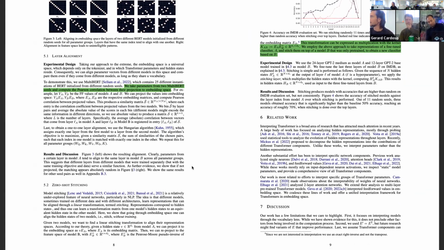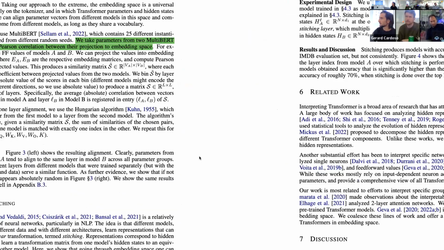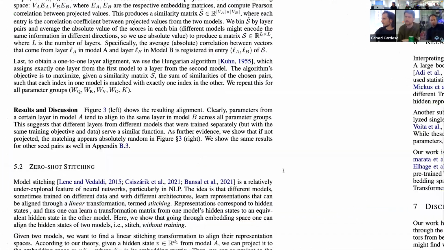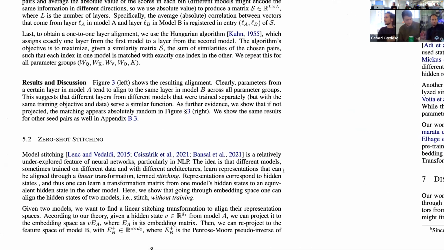The last thing they look at is called stitching. The idea basically is, can we use the parameters of one model to have another model?